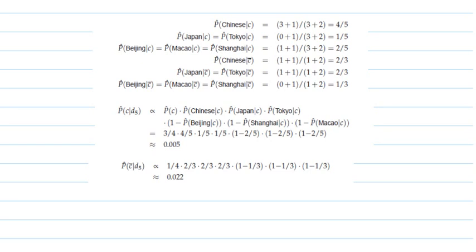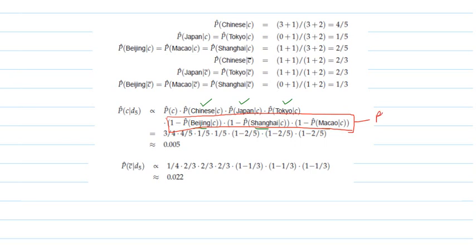And for a new given document, we can again calculate P of Chinese given C, P of Japan given C, and P of Tokyo given C. These 3 words are present in the document, but Beijing is not present, so I am applying 1 minus P of Beijing given C. Then Shanghai is again not present in the document, so this probability is again applied in the calculation, and P of Macau given C is also not present in the document.